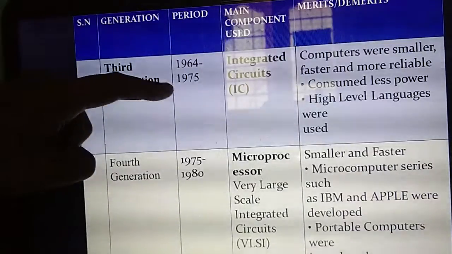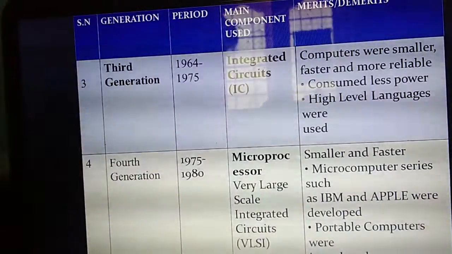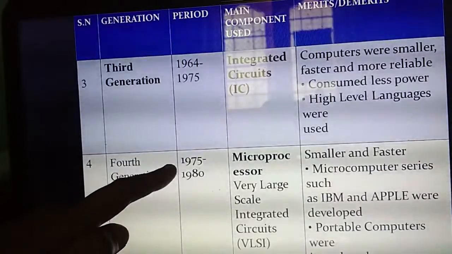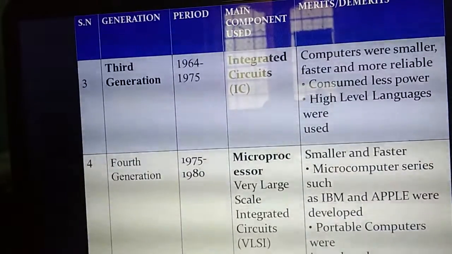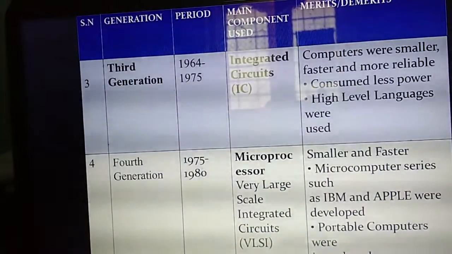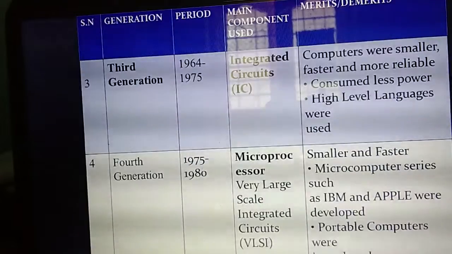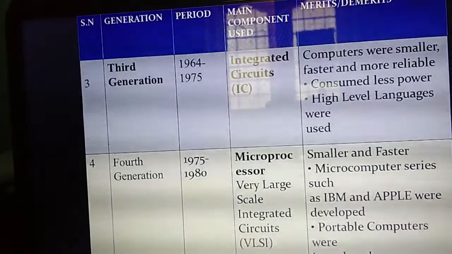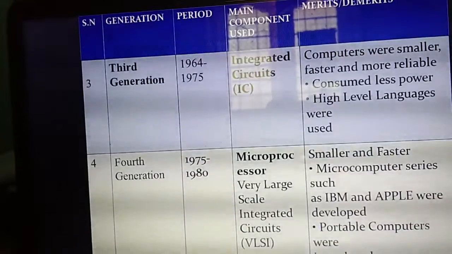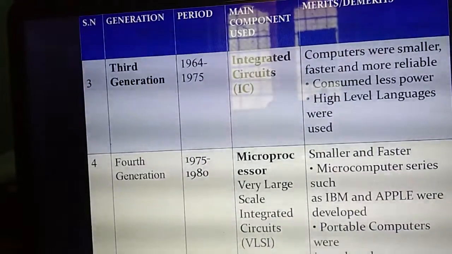So the third generation ends in 1975. The fourth generation starts in which year? 1975 to 1980. In this period they introduced which one? The microprocessor. Nowadays also our computers have a microprocessor, that is, very large scale integrated circuits, VLSI. Sometimes they will ask one word questions.